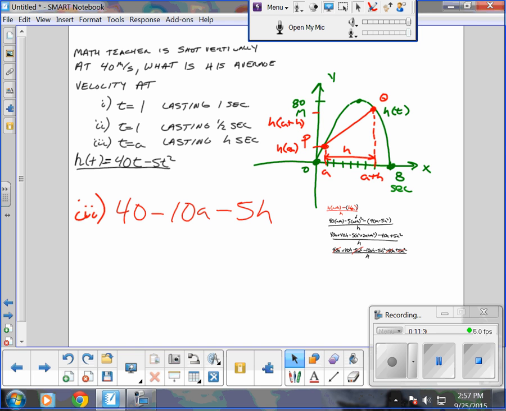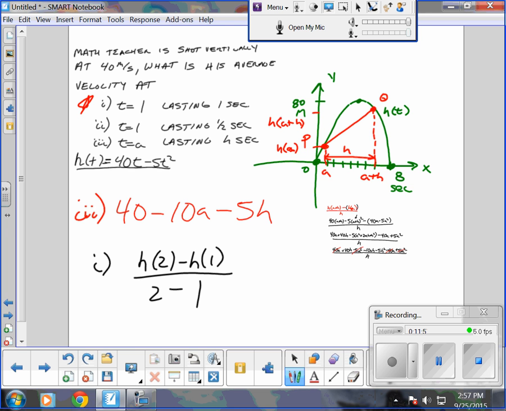If you are actually plugging in on Roman numeral 1 and doing this, it works, but I don't want you doing it. You can say, I know I can go h of 2 minus h of 1 over 2 minus 1. That is the average. That works. But if you do that 14 times, you'll have no time left for any part of the test.